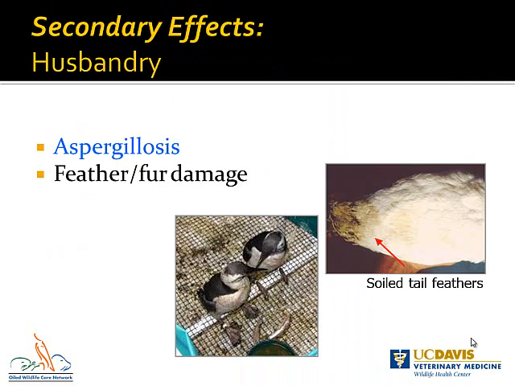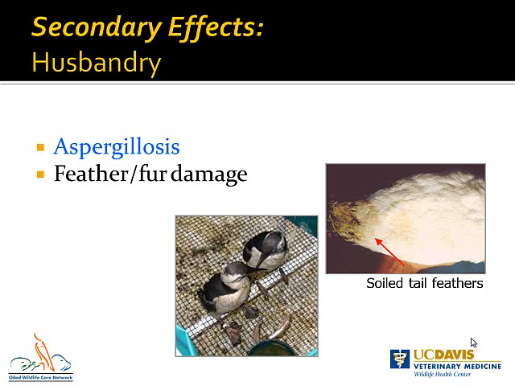Another thing that happens is feather and fur damage. These birds, these are common murres here, they're on a soft bottom pen. So there are a lot of changes, a lot of evolution in how we care for animals. We've come a long way. We used to keep them on just wooden boards, and what happened is that they defecate, and so this causes a lot of fur damage because then the birds just sort of sit in that.